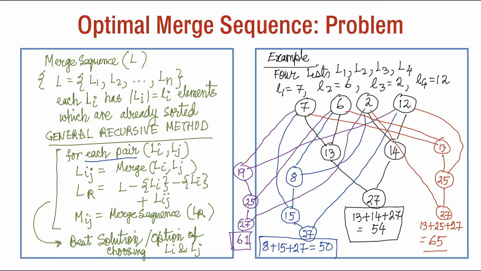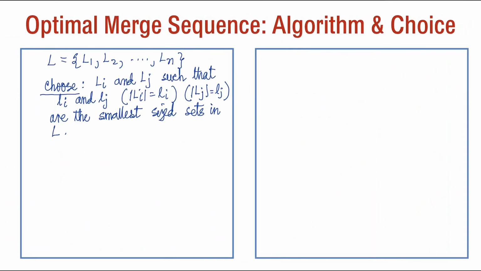And you notice what we had done in this blue one, we first chose 6 and 2, got a solution of 8, so we now had 3 lists. So let us go back and look at our analysis of 7, 6, 2 and 12. So we had in our example a list of size 7, a list of size 6, a list of size 2 and a list of size 12.